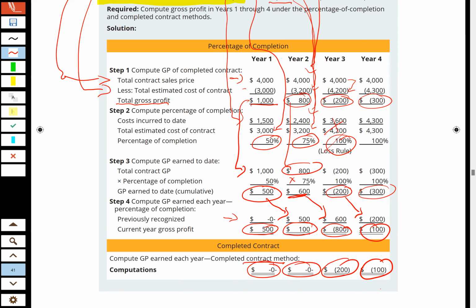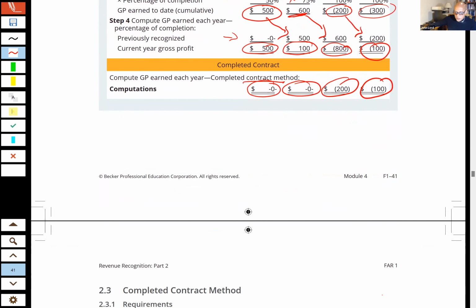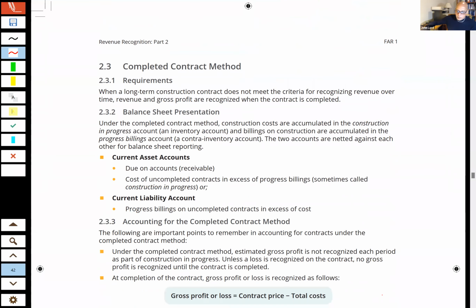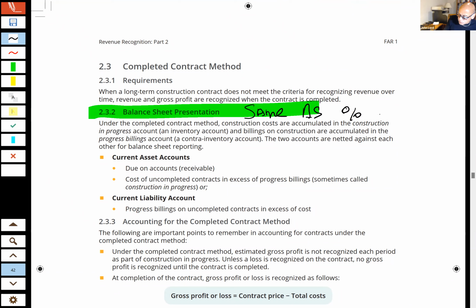Yep. Okay. Now, under completed contract method, the balance sheet is the same as percentage of completion. I don't have to go through anything more. They're the same as percentage of completion.